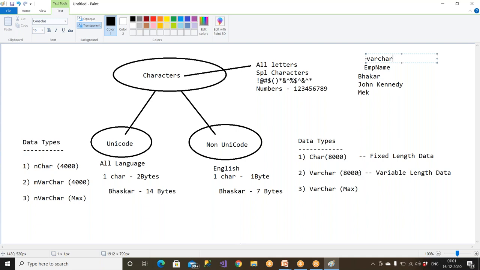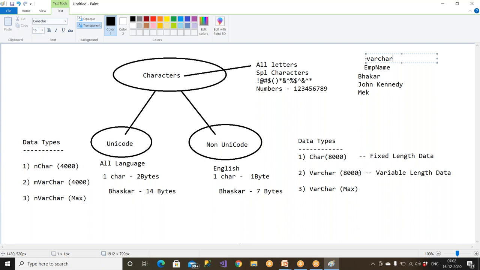Why 8,000? In yesterday's class we discussed that each page is 8 KB. So that is fixed. You can accommodate your data in that page itself at most. Clear? If you want to store more and more, you have a lot of difficulties. If you have an item that crosses more than one bedroom, it will be difficult for you.